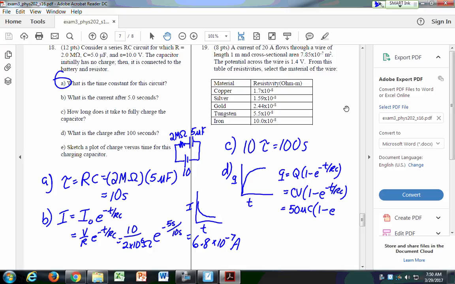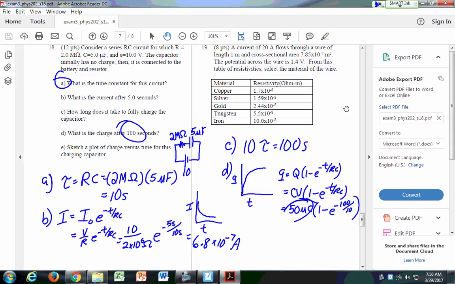Oh, you know what? I don't even have to do this, right? Because at 100 seconds, I know that it's fully charged, that my growth function goes to 1, and so I imagine that this thing is just fully charged. Well, let me just sort of finish writing it. But I have 1 minus e to the minus 100 over 10. 100 is the time that I asked right here, and then divided by 10 is the time constant.